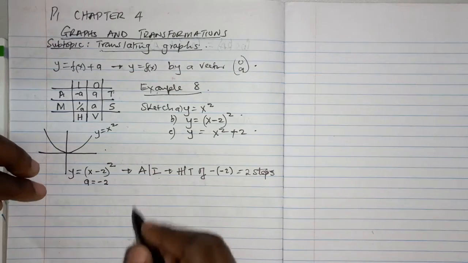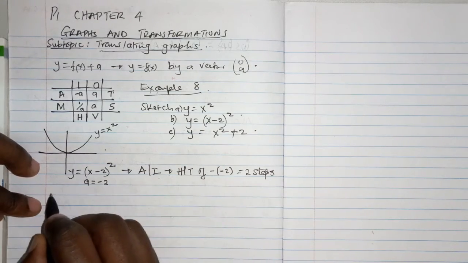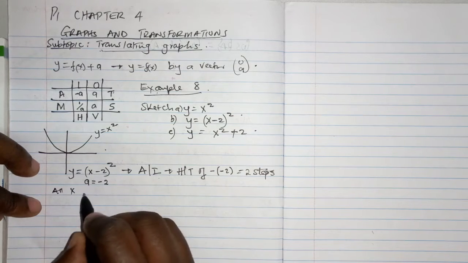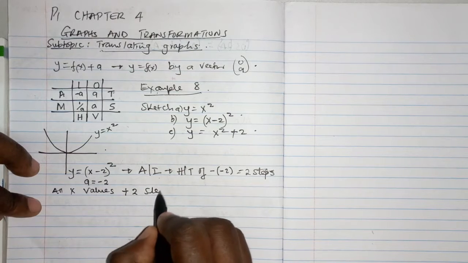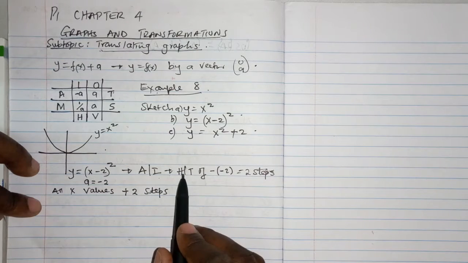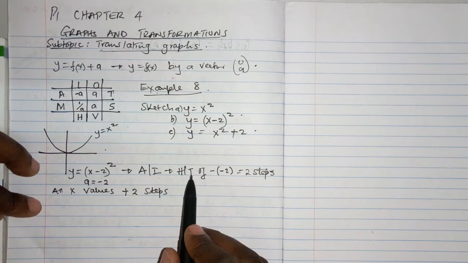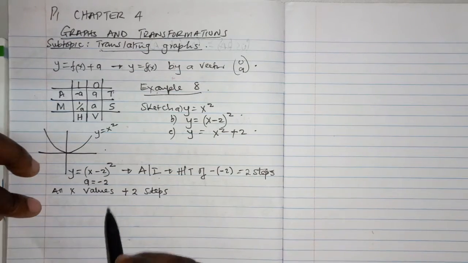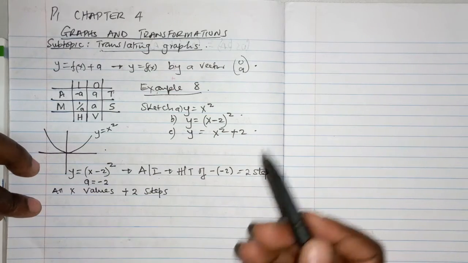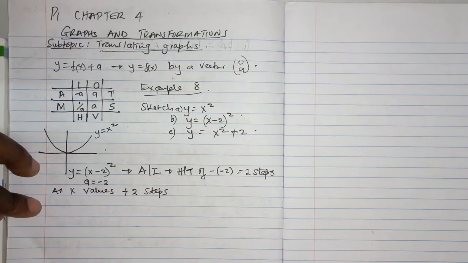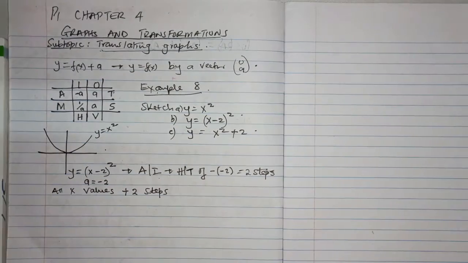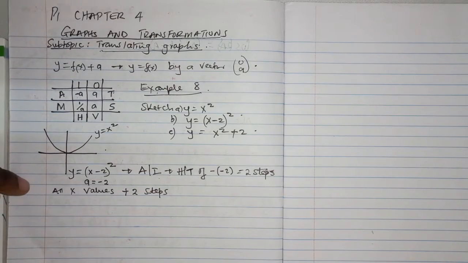So all x values plus 2 steps, because it is horizontal and it is translation. Translation means plus. Stretch means times. It is important that you note that. But we are soon coming to explain the stretch.